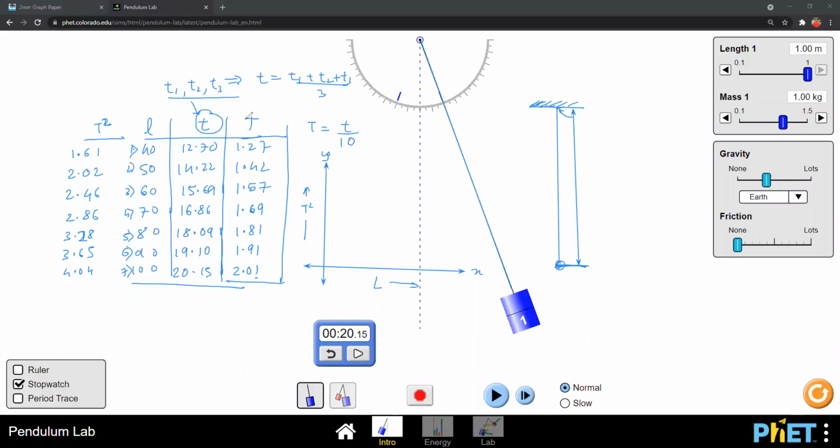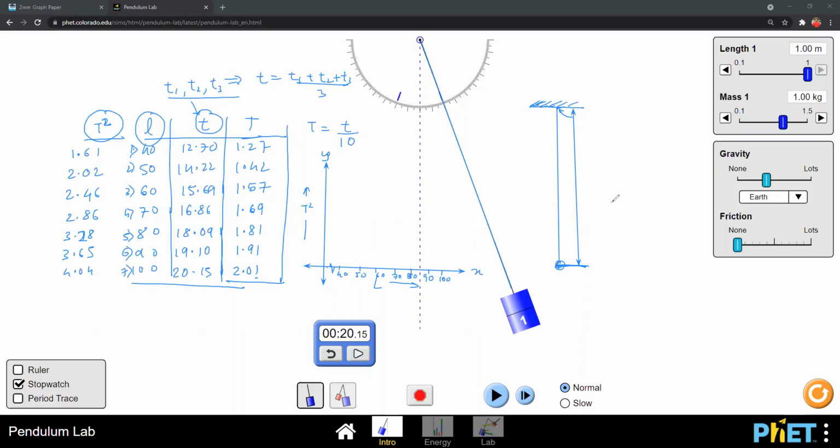So now what we have is T square, and we have L. L is pretty easy. Here you can start with a kink in the graph, and you can start with 40, 50, 60, 70, 80, 90, and 100.